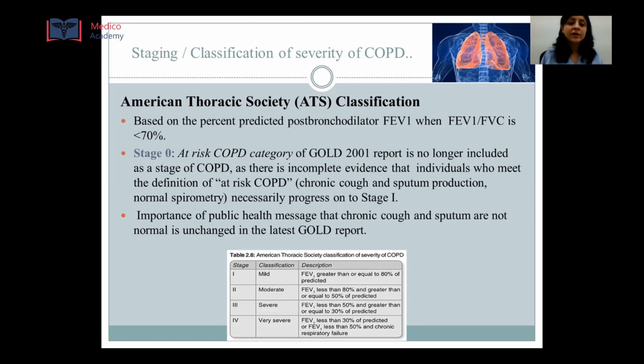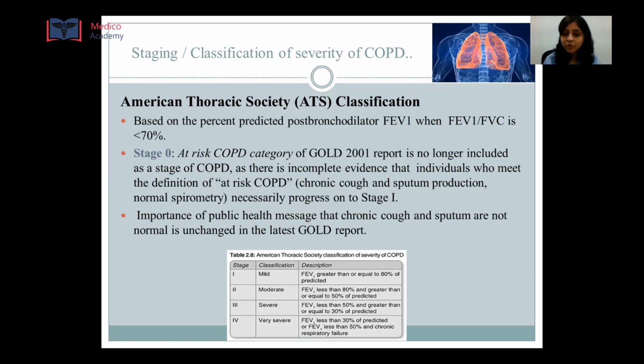This is no longer included in the stages of COPD as there is incomplete evidence that individuals who meet the definition of at-risk COPD, that is, having chronic cough and sputum production with normal spirometry, will necessarily progress to stage 1. But this cannot deny the importance of the public health message that chronic cough and sputum is not normal, and this importance is still unchanged in the latest 2020 GOLD report guidelines.